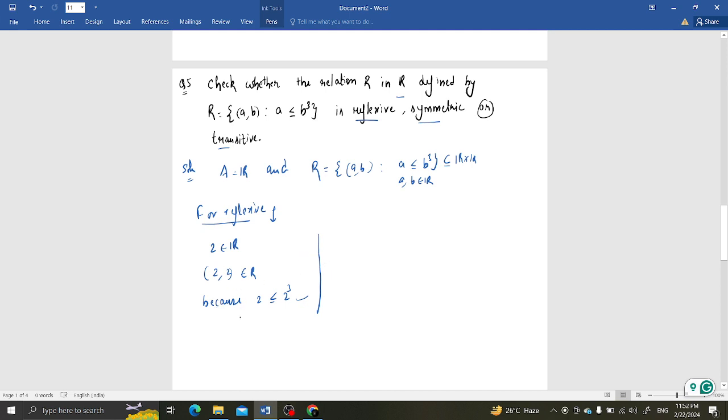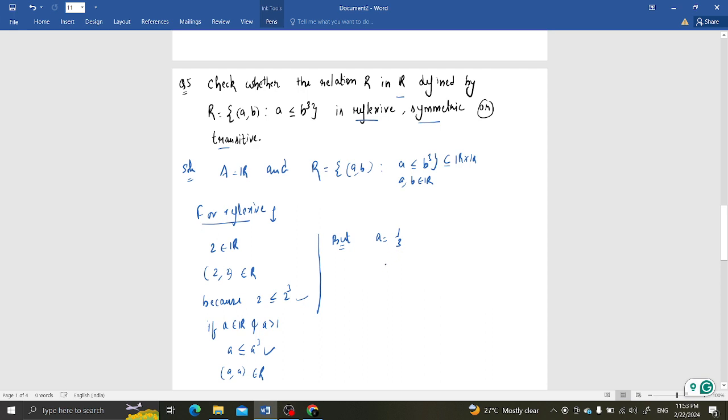Even we can observe that if a is a real number and a is greater than 1, this property holds, so for all of them (a, a) belongs to relation R. But observe that we can take, okay, if a is 1/3, here is the problem.